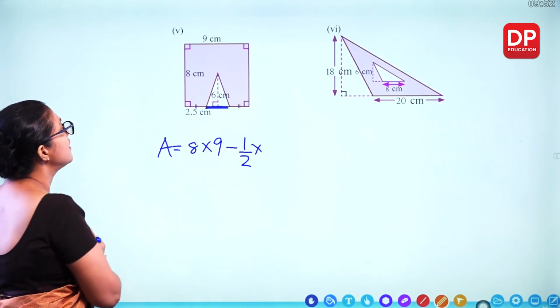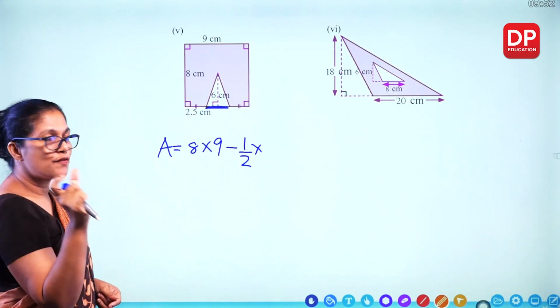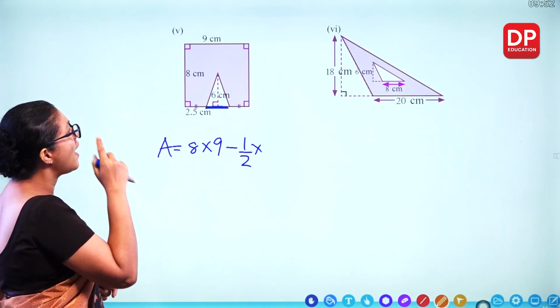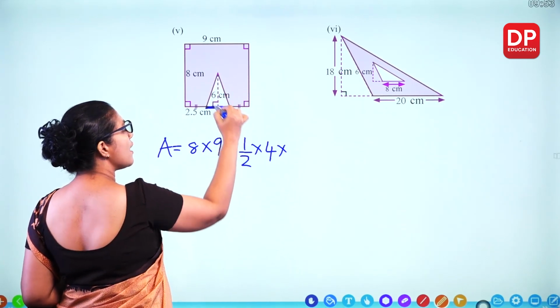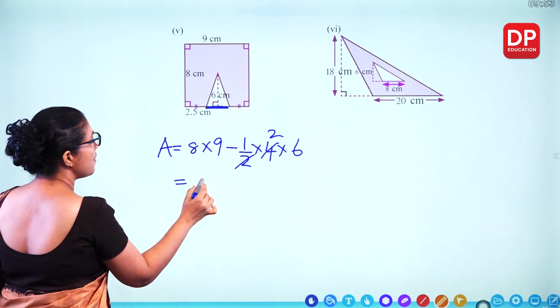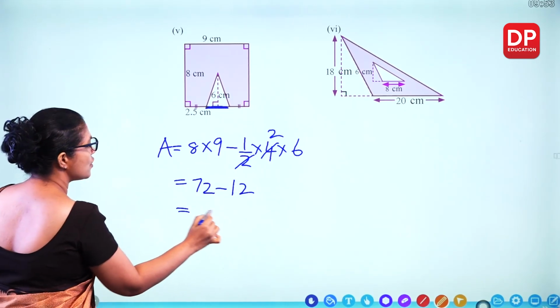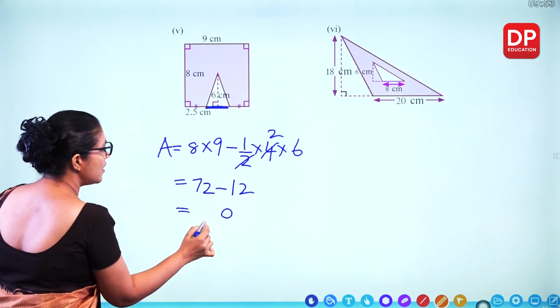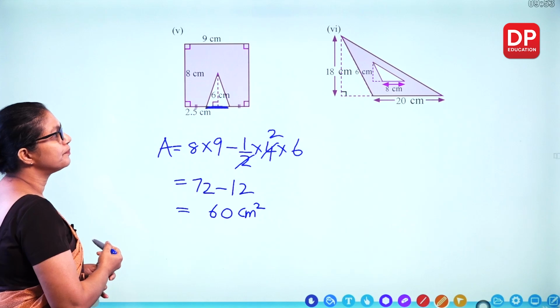This length, how can we find? 2.5, 2.5, that's 5. 9 minus 5, you get 4. So 4 into perpendicular height, 6. 8 times 9, 72. 6 times 2, 12. 72 minus 12, you get 60 square centimeters.